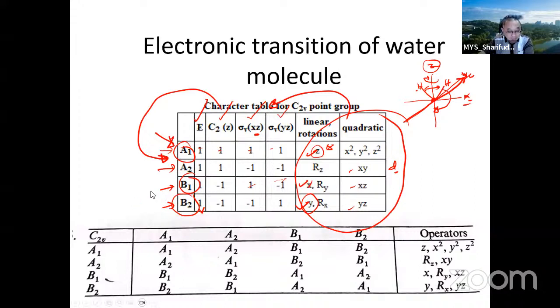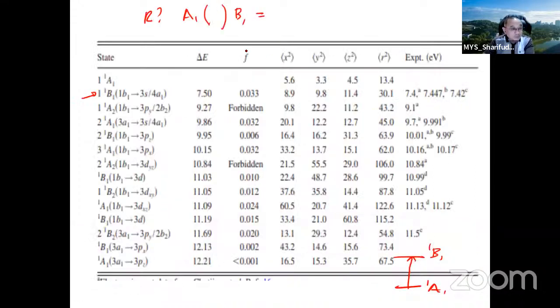B2, B1, and A1. So we go back and we put here B2, A1, and B1. Okay, so we multiply all this.